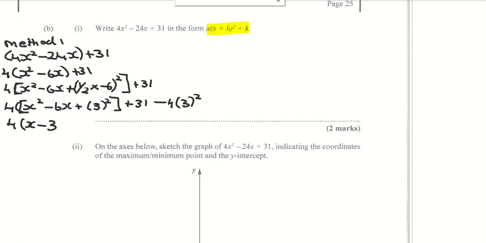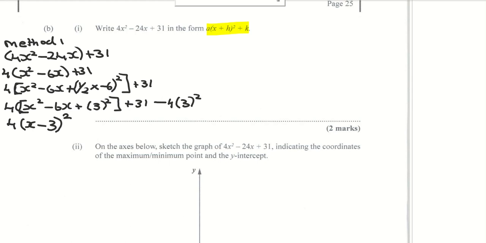So I'm finding the square root of the two squared terms. The square root of x squared is x, and the square root of 3 squared is 3. Alright? And I'm going to square it here. And I'm going to solve this. You can use a calculator to solve this.